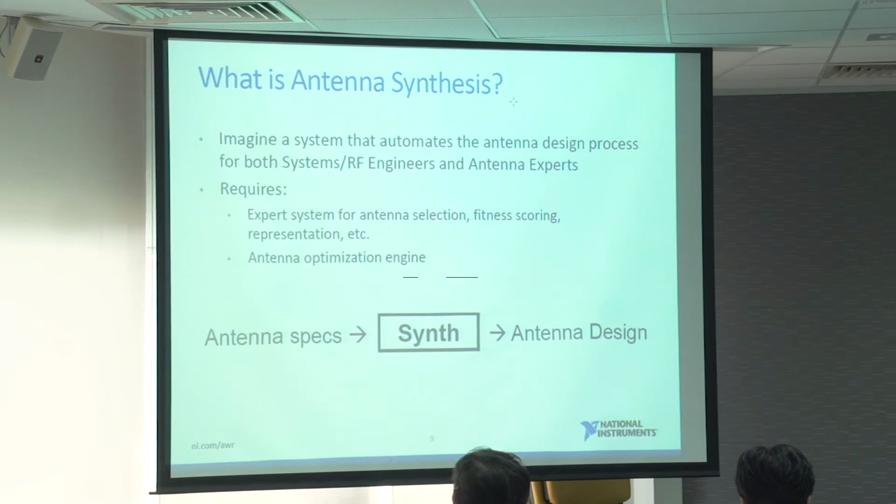So what we need are not only the antenna optimization engine, but we also need an expert system for helping us with antenna selection, fitness scoring, how we represent the design in the optimizer, etc. And the idea is that this would be accessible for both systems and RF engineers as well as antenna experts. Go to slide 10.